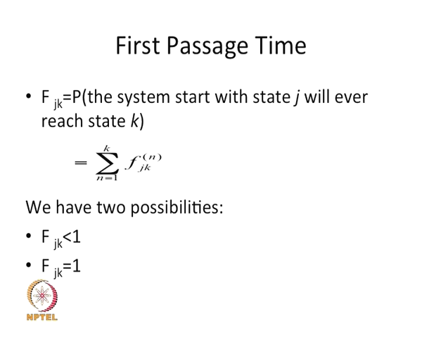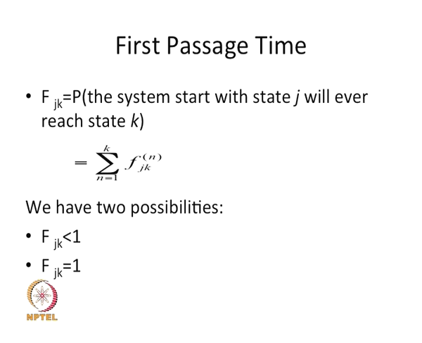The f j k equal to 1 case will give the probability distribution, and that distribution is called the first passage time distribution. Whenever the system starts from the state j, whatever be the number of steps, if you reach the state k with probability 1, that means the whole mass is 1, and this is going to be the distribution of the first passage time.